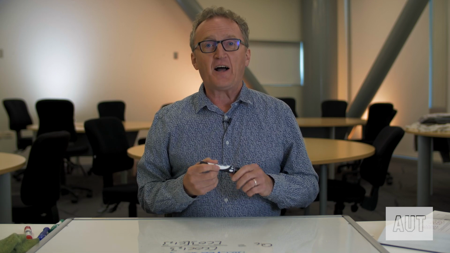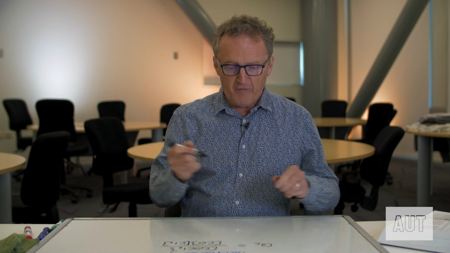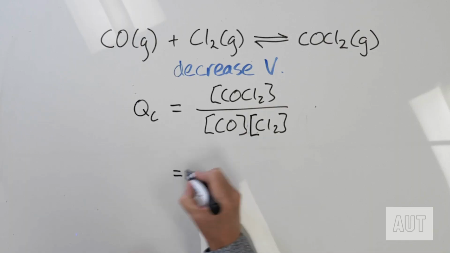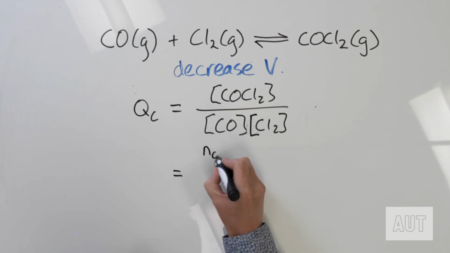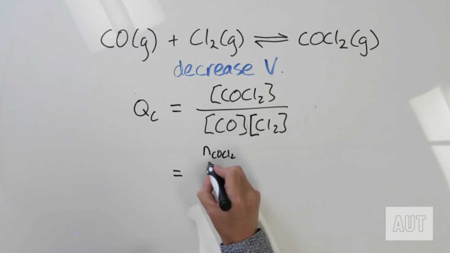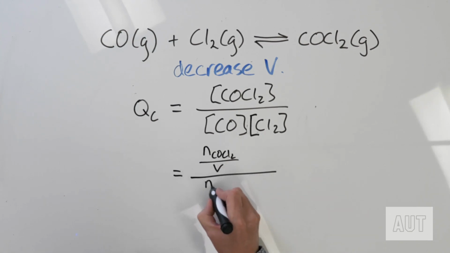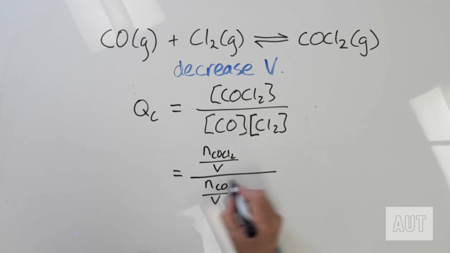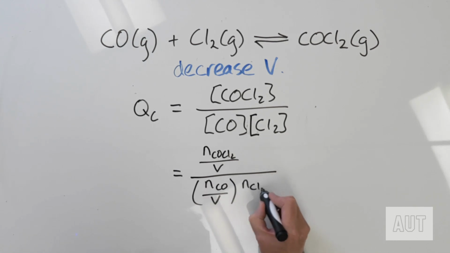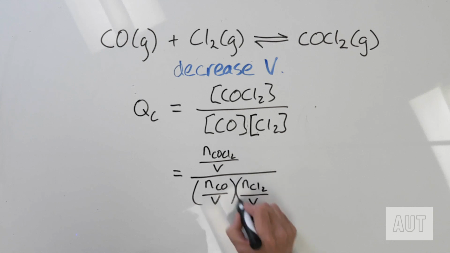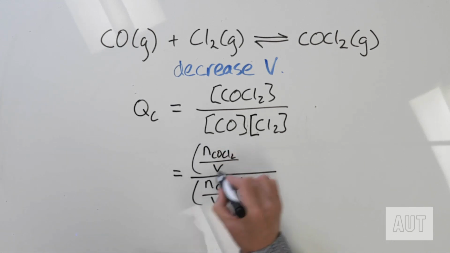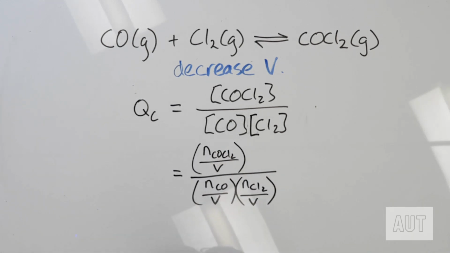Well, we now make the substitution. We write these concentrations in terms of n over V. So Qc is going to equal the number of moles of phosgene over V, all over the number of moles of carbon monoxide over V, multiplied by the number of moles of Cl2 over V. And you're thinking to yourself, ooh, that looks nasty.